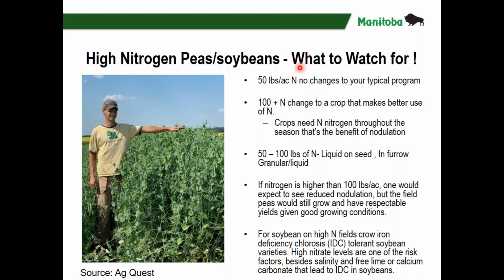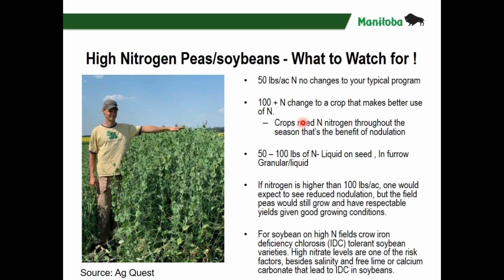If you're looking at 100 pounds of nitrogen or more, you may want to look at a crop that's going to make better use of that nitrogen than a pulse or a soybean. For those of you in the dry bean regions, dry beans would be a good choice on this piece of ground instead of peas. Or canola, if you're out west, would maybe be a better choice on that piece of ground, as long as it doesn't affect your long-term rotation.